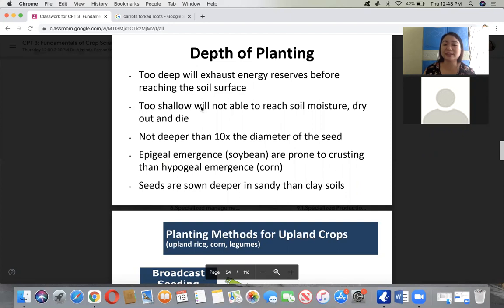And too shallow is also not recommendable because it will not be able to reach soil moisture and will dry out and die eventually. The rule is that it should not be deeper than 10 times the diameter of the seeds.